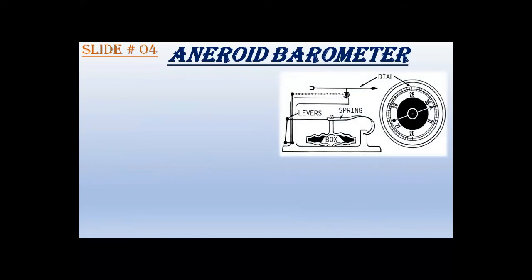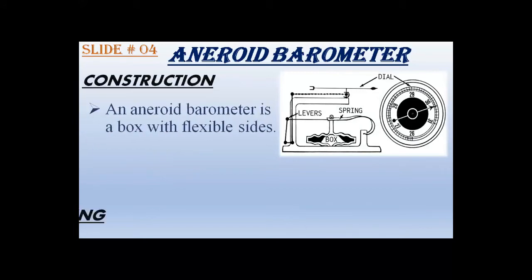This is the diagram for the aneroid barometer, and its construction is: an aneroid barometer is a box with flexible sides. The next one is its working.